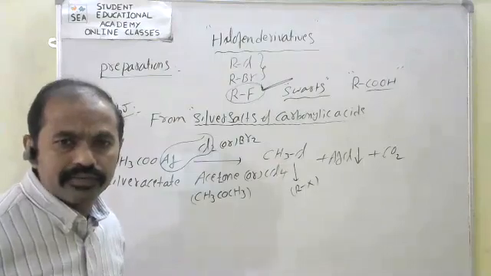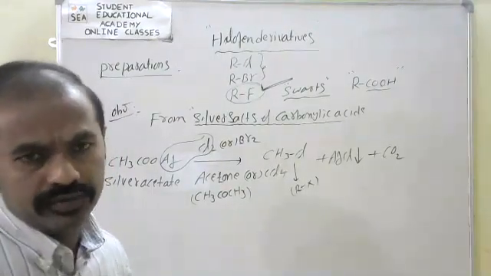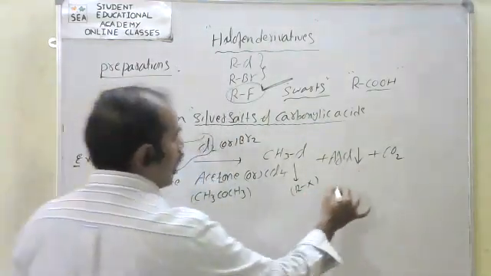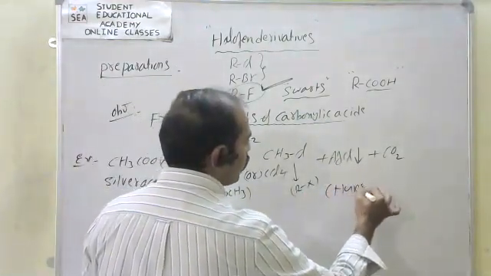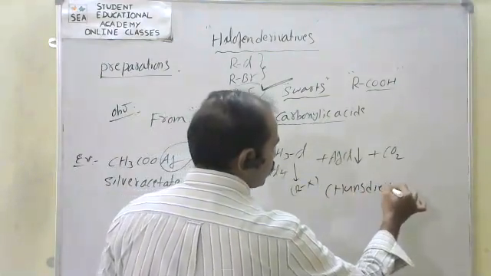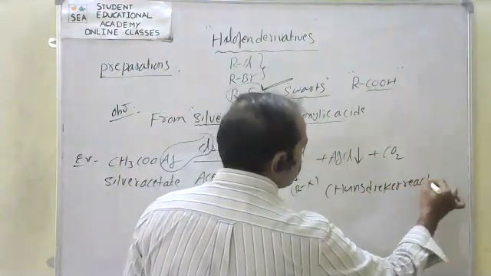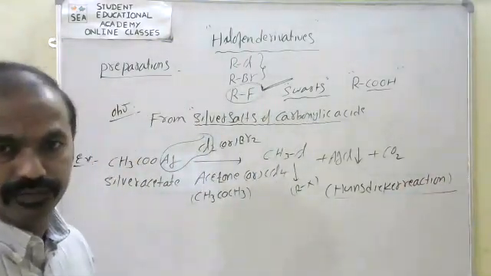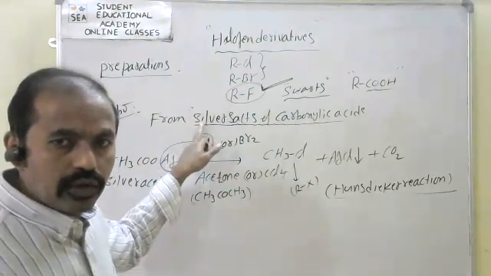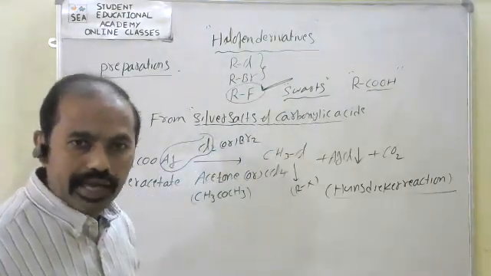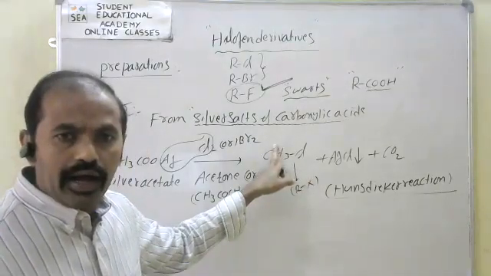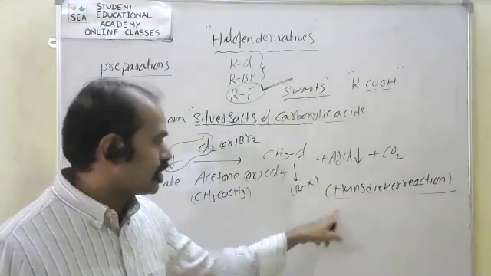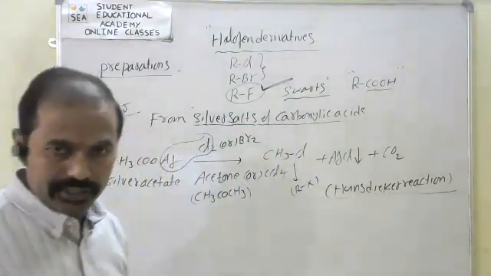So this reaction is also called the Hunsdiecker reaction. It is given by the scientist Hunsdiecker. By using the silver salt of a carboxylic acid to prepare alkyl chlorides or alkyl bromides, the process is referred to as the Hunsdiecker process.